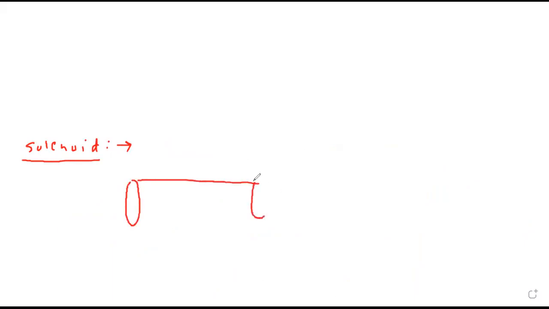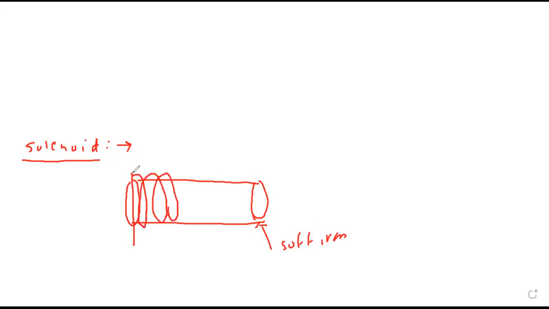Solenoid. It consists of a cylindrical core made up of soft iron, on which a coil is wound along its length.